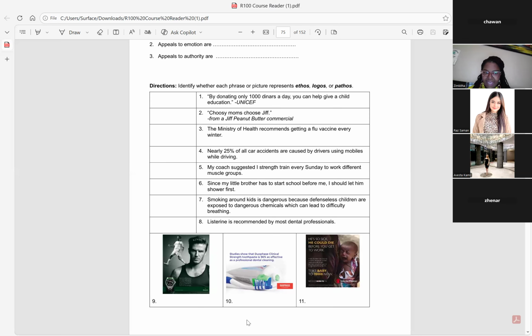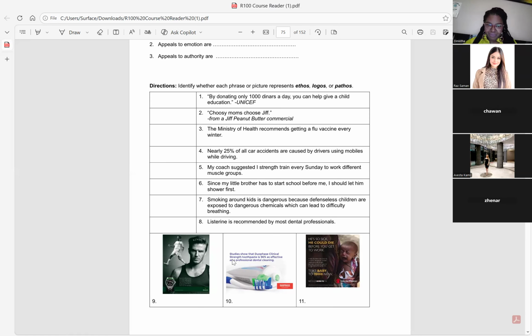Chawan, try again. I think that in this way it's pathos. Yes, there you go. It is pathos. It's using images, especially for young boys who want to be like David Beckham. They love sports. They'll say, if you have this watch, you are just as good as David Beckham. So it's more about emotion, it's invigorating emotion.